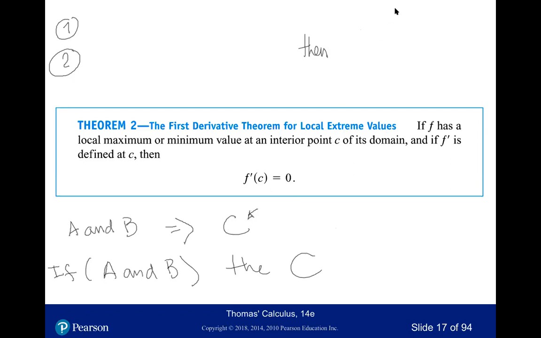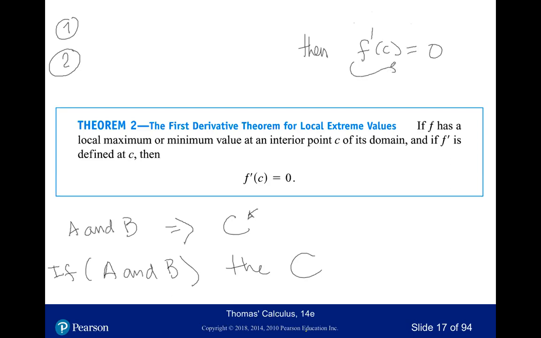Okay, somebody's chiming into chat. F prime is equal to 0. That's the conclusion. Okay, very nice. So that's C. All right, very nice. Okay, we have F prime of C equals 0.